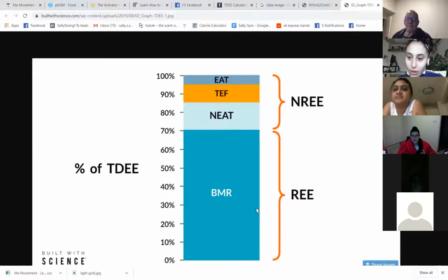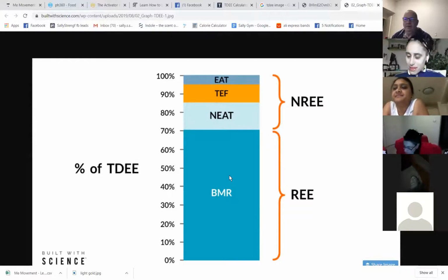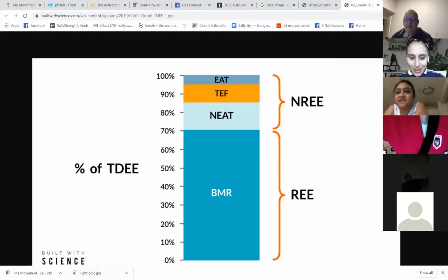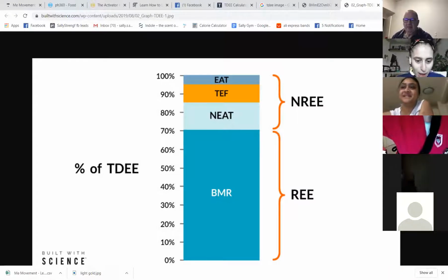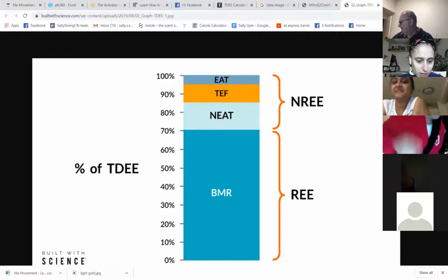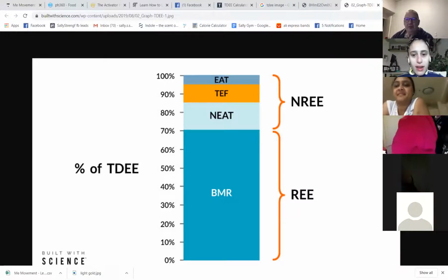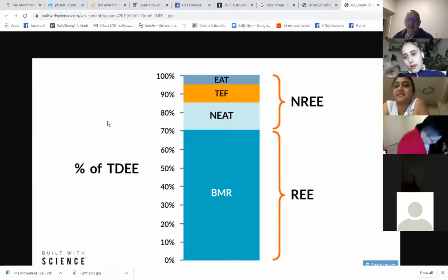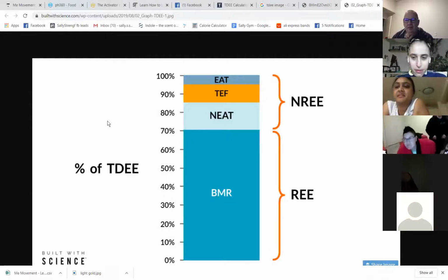Your body, your organs, your lungs, everything in your body takes up 70% of your calories. Whoa, is that massive or what? That's huge. So, can you see a problem with that when some people say, "Oh, this is how much calories you should have," and how would they base it?